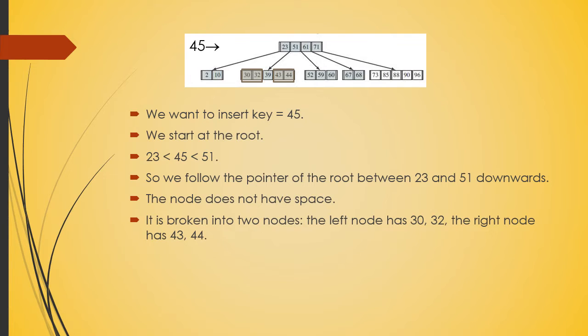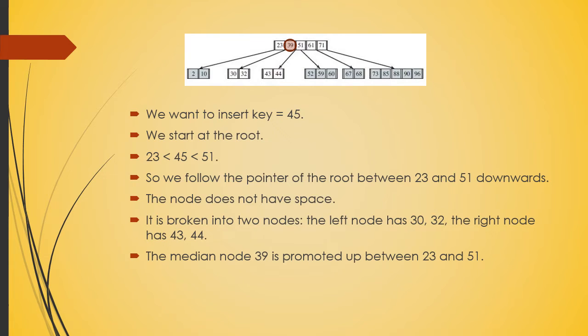It is broken into two nodes. The left node has 30 and 32 and the right node has 43 and 44. The median node 39 is promoted up between 23 and 51. The right position for 45 is after 44 in the right new node.